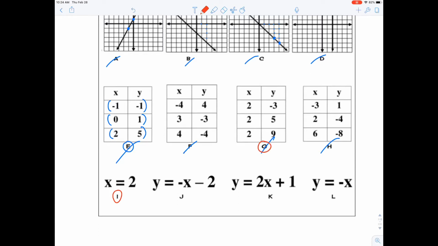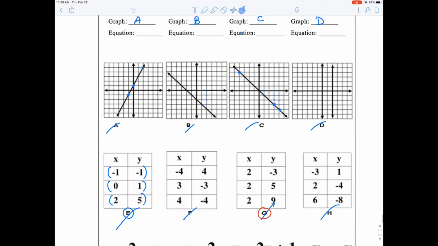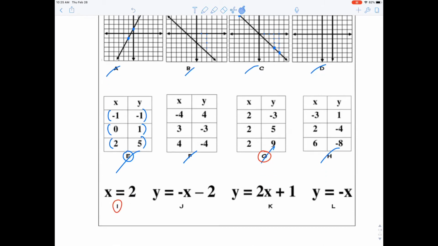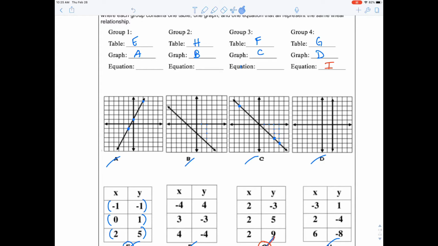That's a straight giveaway. So table G, which would be graph D, is going to be equation I. And there we go. So we found equation I, and that goes with table G, which in turn goes with graph D.